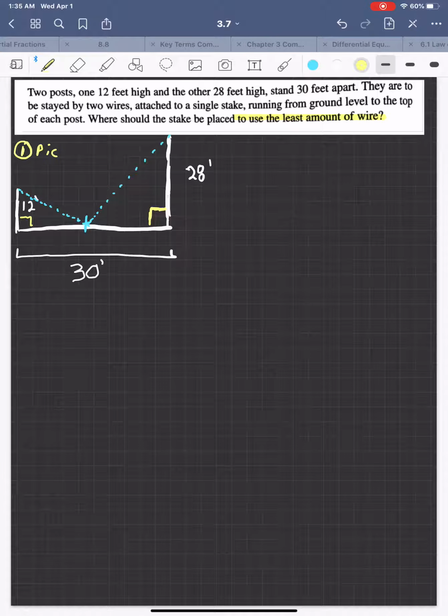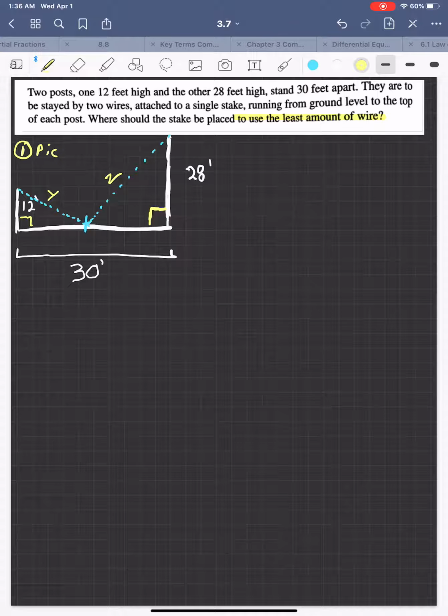And furthermore, let's actually label the hypotenuses of each of these. Right now, I don't know what they are. So I'll just label, let's say, this little triangle would have a hypotenuse of y, and this large triangle would have a hypotenuse of z.